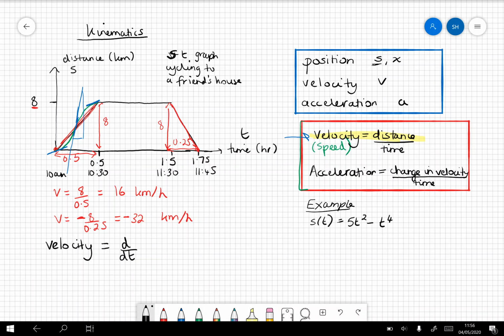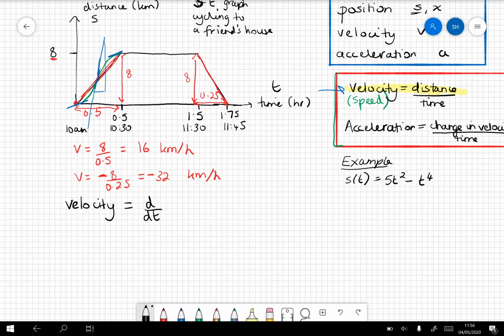We do occasionally use X, but S is the most common one. So we're going to use S for position or displacement or distance, depending on the problem. So I could also write this S dashed of t. That's going to be our new velocity equation. We're going to say it's the derivative of the position, not just distance over time.